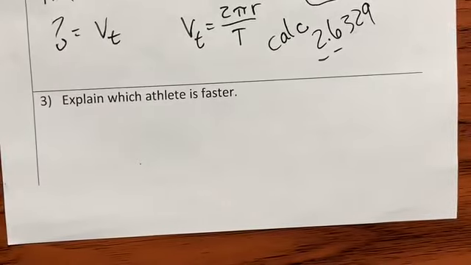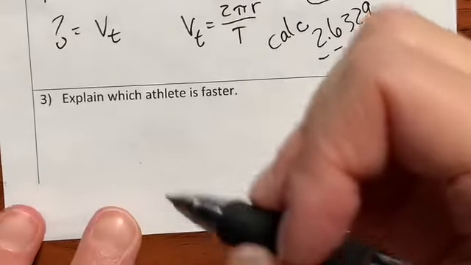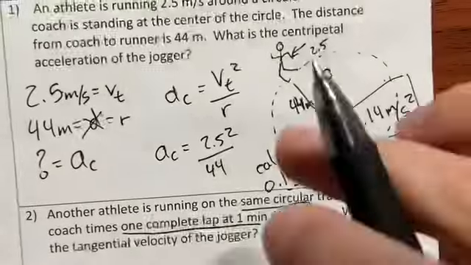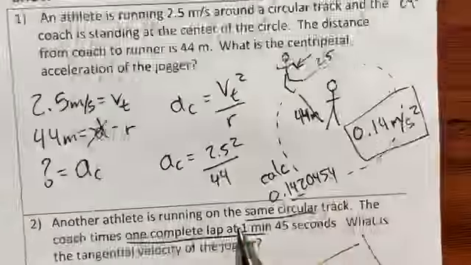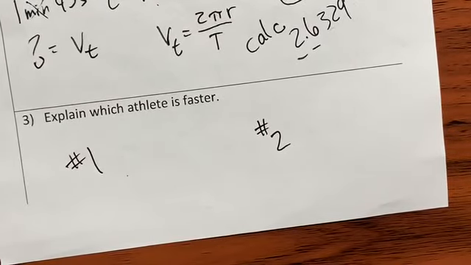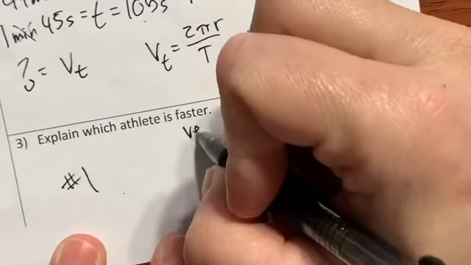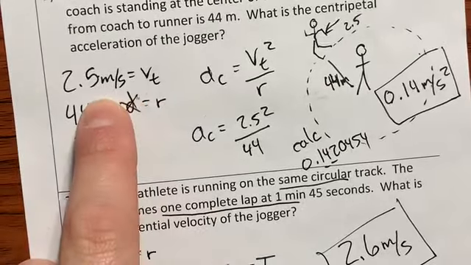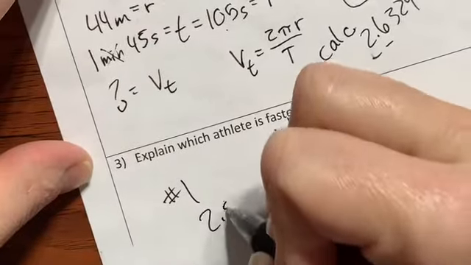Question number 3, explain which athlete is faster. Athlete from question number 1 here, or athlete from question number 2 here. So, faster. Again, pause, attempt before you check your answer. Faster is referring to velocity. So, number 1, velocity was 2.5 meters per second.